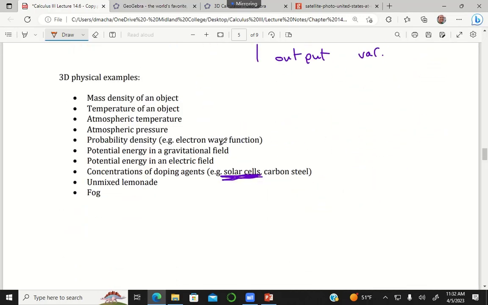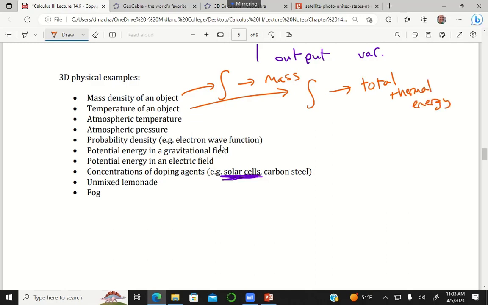So that means different things, right? If I took a triple integral of the density function, then the integral would give me the mass of the object. If I took an integral of the temperature of an object, that might give me something like the total thermal energy of the object.